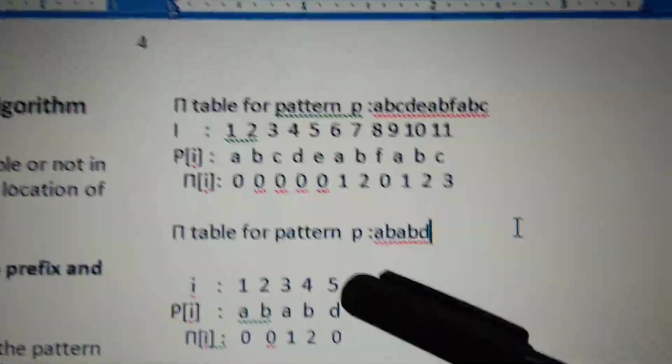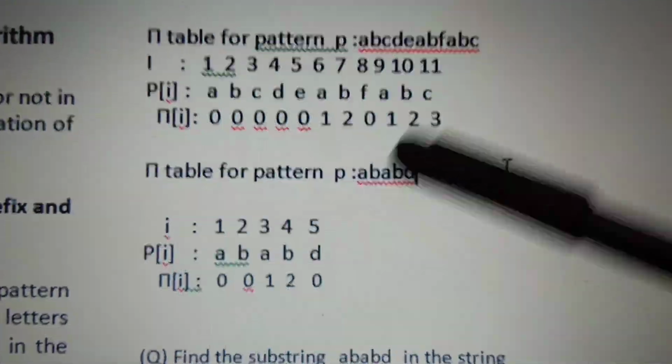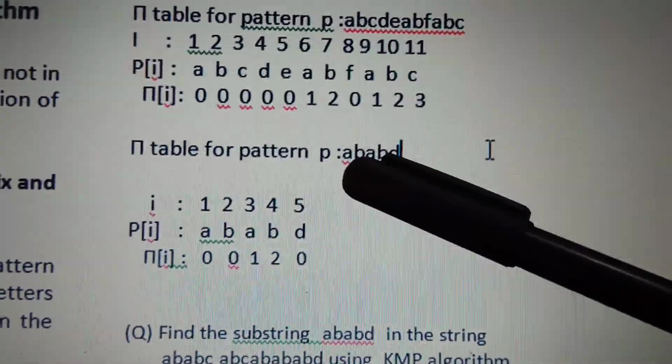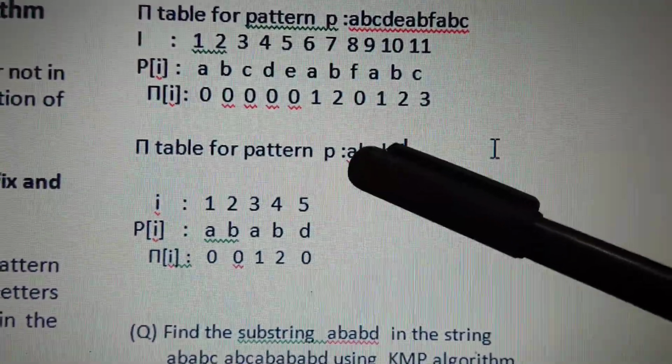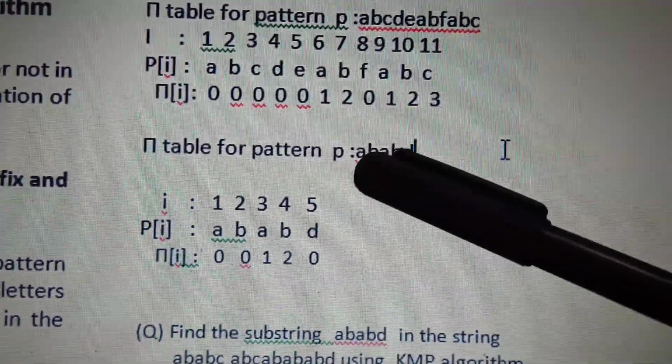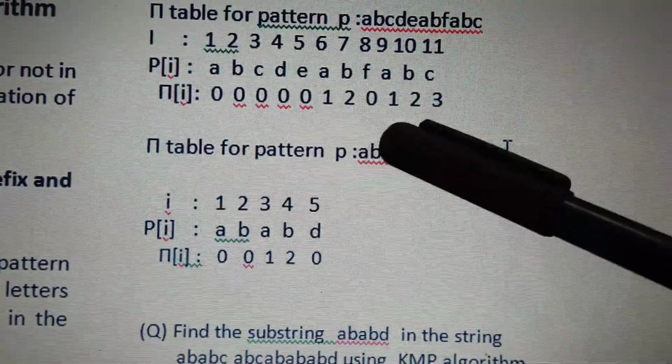So in the next video I will explain the KMP algorithm through an example, how to find whether a pattern occurs in the text or not.